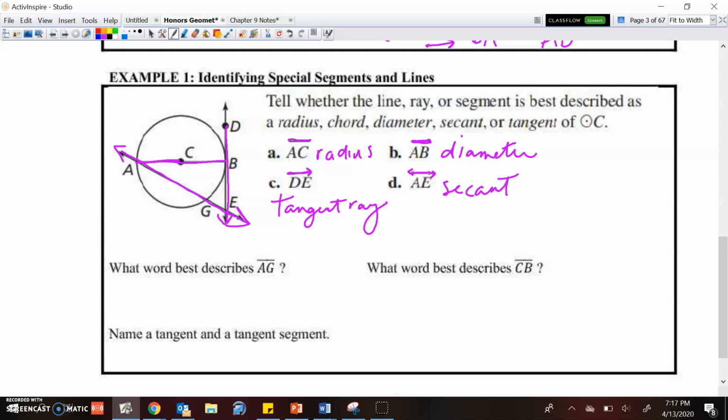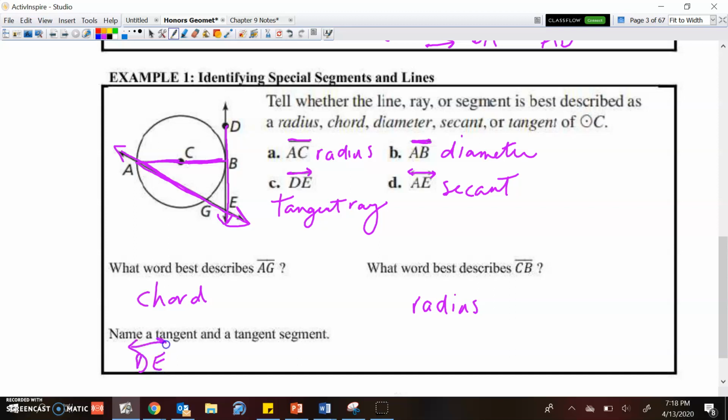Now they're asking what word best describes segment AG. AG is just from here to here, so we would call that a chord. What word best describes segment CB? That's going to be a radius, from the center point to an endpoint on the circle. And lastly, name a tangent and a tangent segment. Well, a tangent we can call DE.